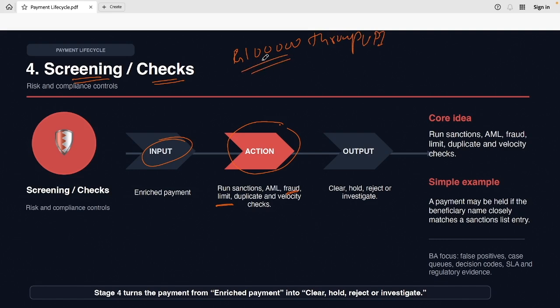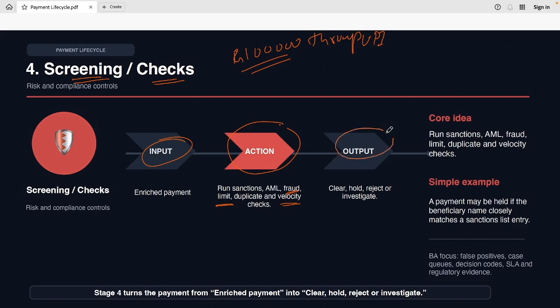So that is a limit. Okay, duplicate check. A duplicate check determines whether the same payment has accidentally been submitted more than once. For example, the system may compare the amount, the beneficiary, date, customer reference, etc. Okay, velocity. Velocity means the number or frequency of transactions within a particular period. For example, 20 payments to a newly added beneficiary within 5 minutes may be unusual.